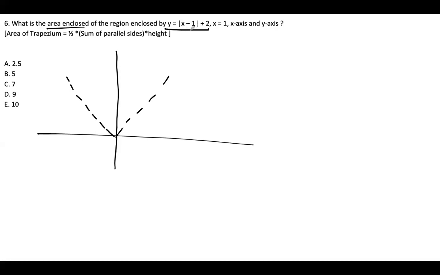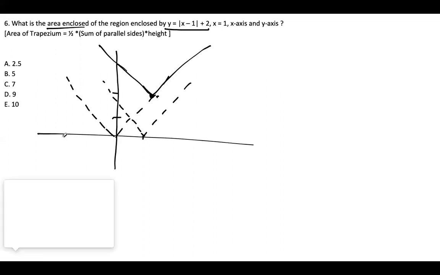Minus 1 would be towards the right, one unit. When x is 1, y is 0. That means the graph is shifted to the right. Now what do you have to do? Shift the graph upwards by 2 units. So y is equal to mod of x minus 1 plus 2 will look something like this.